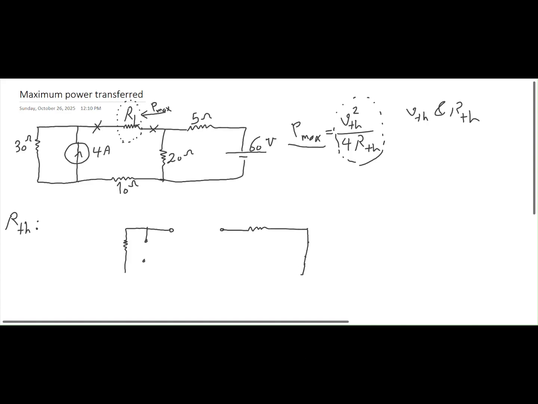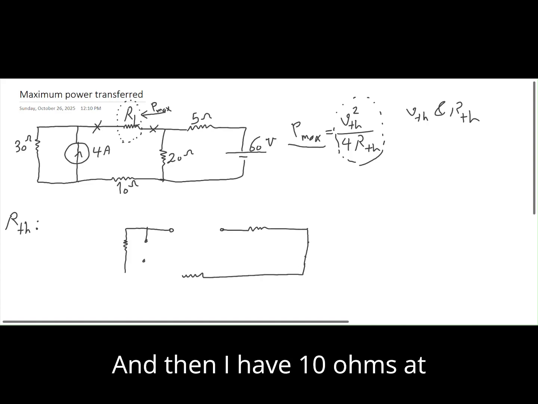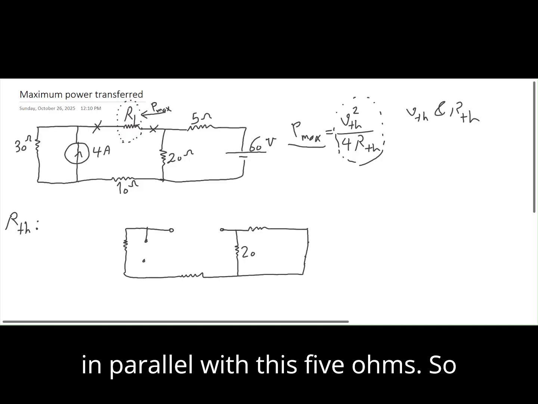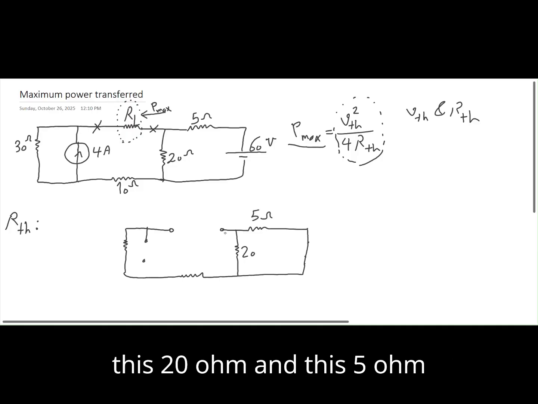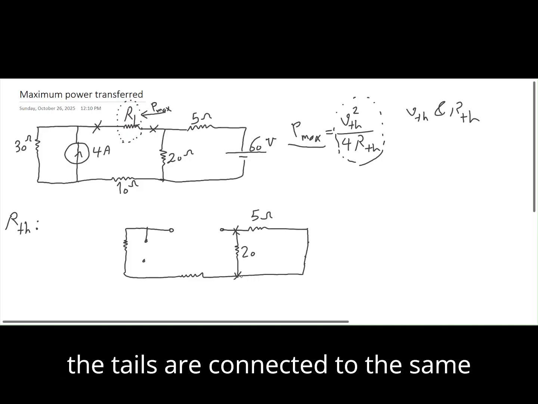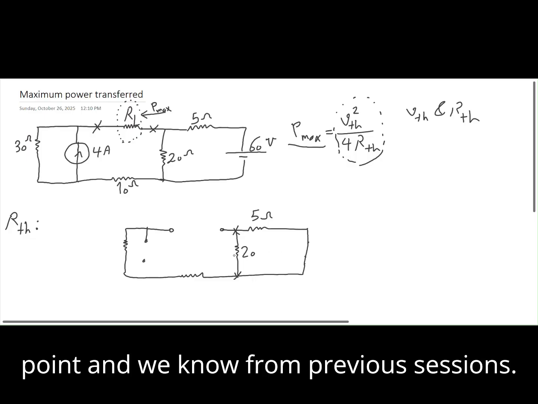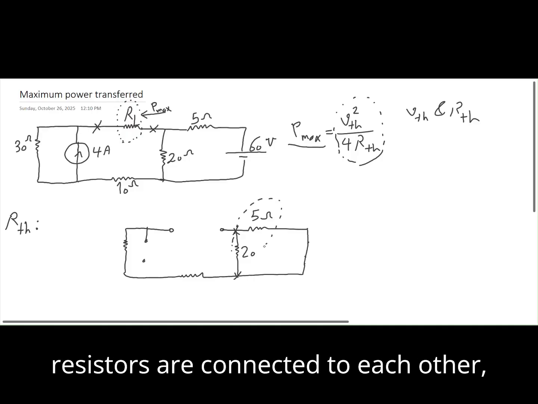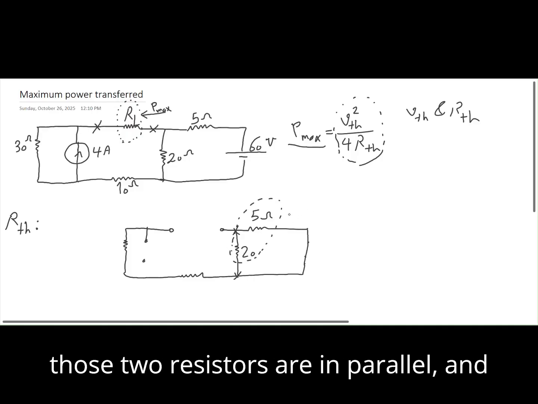And then I have 10 ohms at the bottom, and there's this 20 ohms in parallel with this 5 ohms. This 20 ohm and this 5 ohm are in parallel because the heads and the tails are connected to the same point. We know from previous sessions that if the heads and tails of two resistors are connected to each other, those two resistors are in parallel.